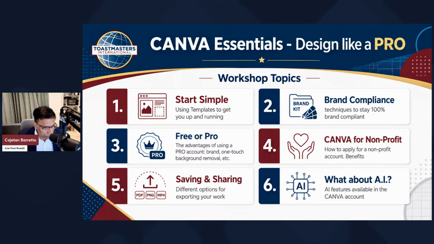So make sure your current Canva account has nonprofit stuff. Fill in as much information as possible explaining how giving a nonprofit account to you will benefit the community. And then you need one additional document that proves you actually are working for a nonprofit.